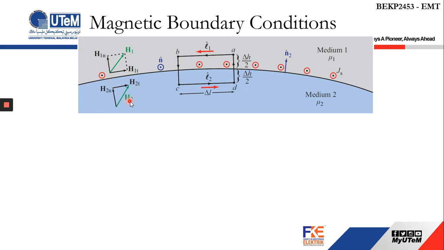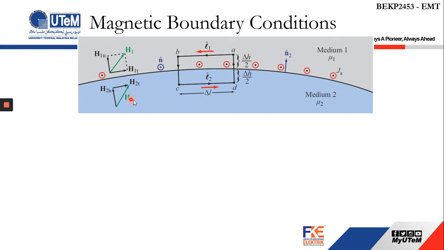We can separate them into tangential and normal components, and it applies to both mediums. So we label them as H1 and H2 respectively. Now the purpose of this derivation is to identify the characteristics of the tangential and normal components for magnetic field intensity H and magnetic flux density B.